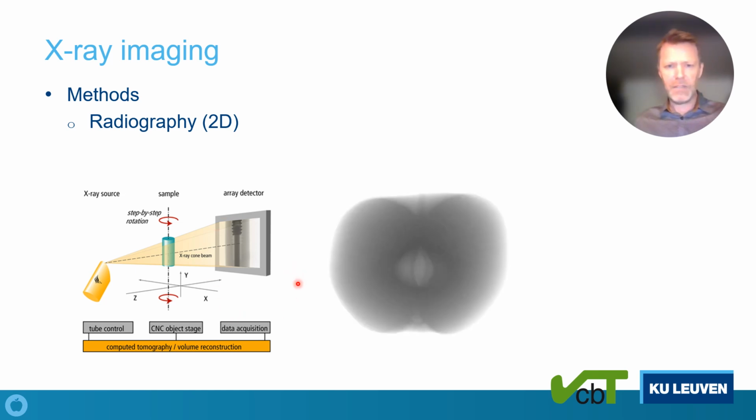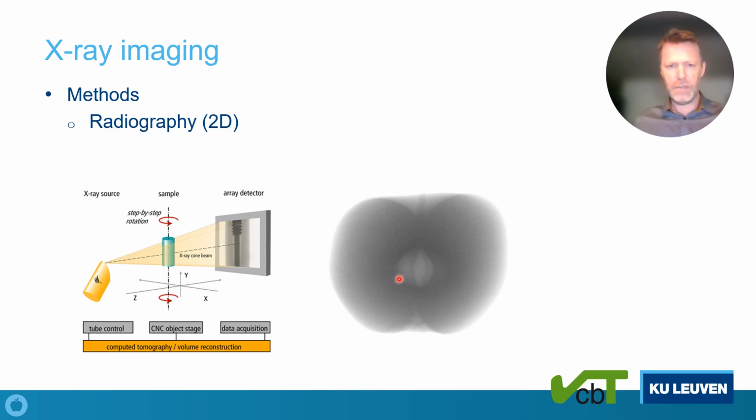And if we come back to the apple that we had been talking about earlier, then a typical X-ray image would look like this. So this is a two-dimensional projection image of the apple, where you see there's some contrast in the image. So the core of the apple is lighter here, because of course this is empty, it's hollow. So X-rays are not being absorbed here, so you see them as a higher intensity on the final radiograph.